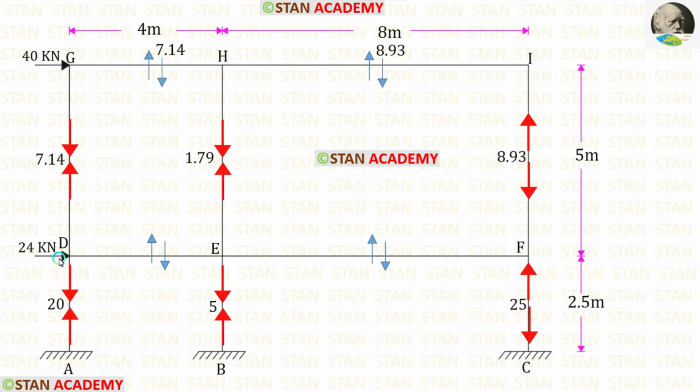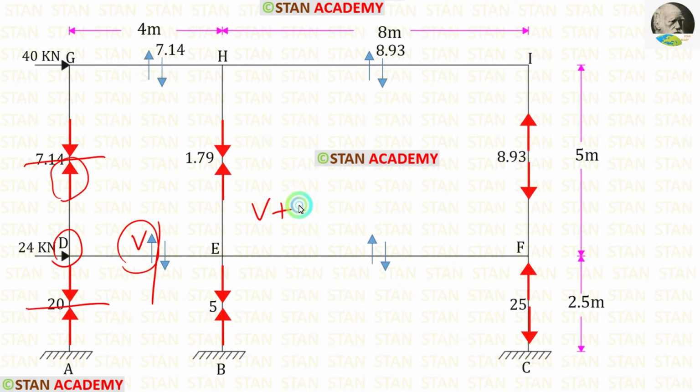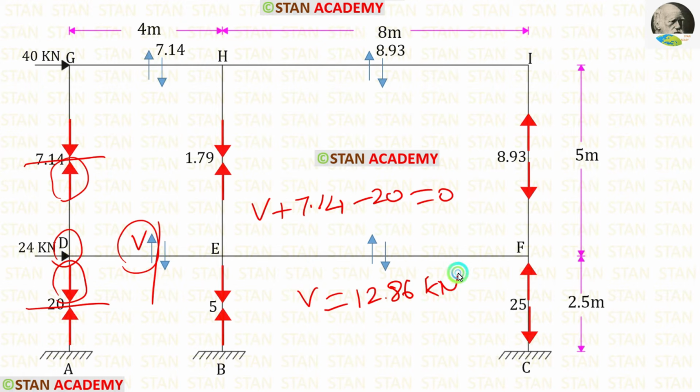Now, let us take the joint D. V is acting upwards, so that will be positive. This force is also acting upwards, so that is also positive. This force is acting downwards, so that will be negative. Finally, for V, we will get 12.86 kilonewton.